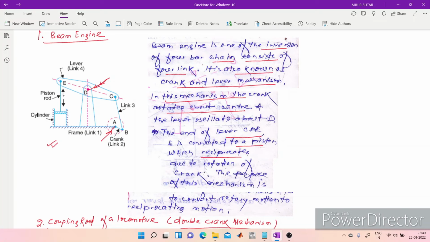So this is the piston, which reciprocates due to the rotation of the crank.